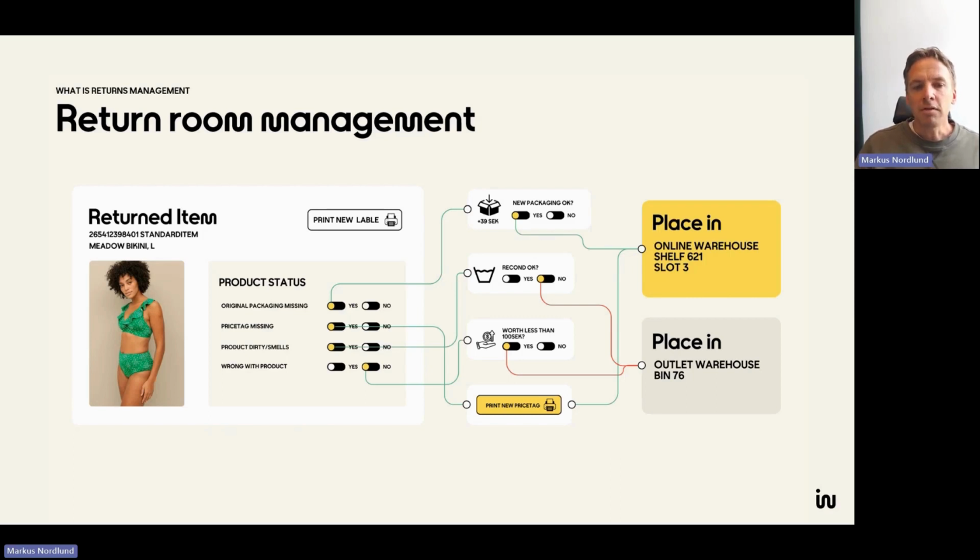So what happens here is that the operator is fetching the product conditions on the products, and based on their input, we will help them to sort the goods to a specific place, which you have decided from a central point of view. So, for example, where the original packaging is missing, then they will place it in some warehouse, and if it's dirty or smells, or there's something wrong with the product, we will place it in an outlet bin, so it will go into an outlet process, for example.